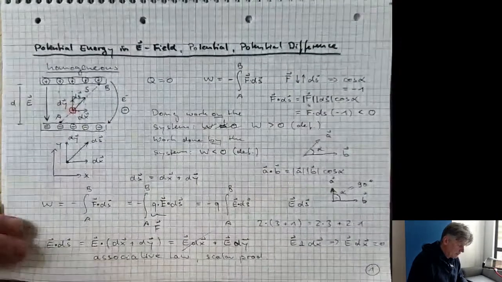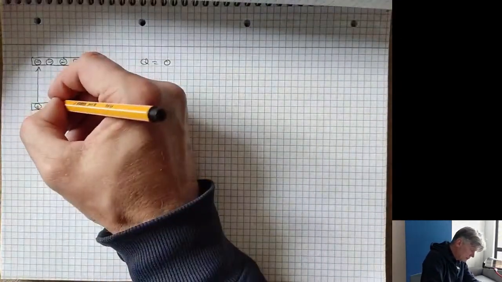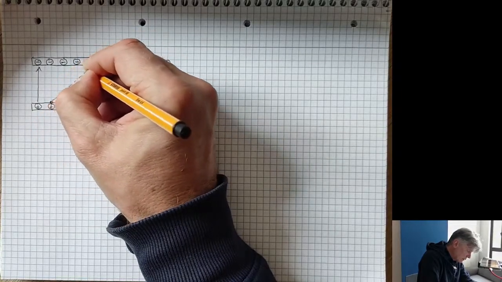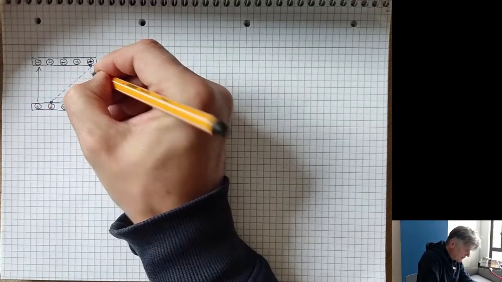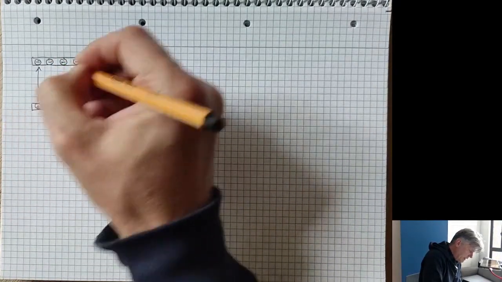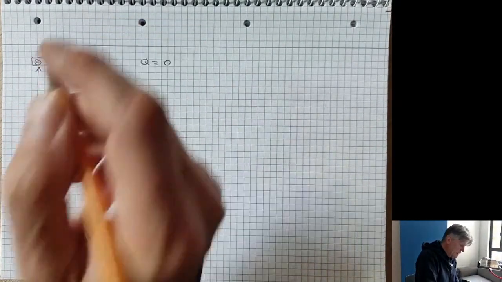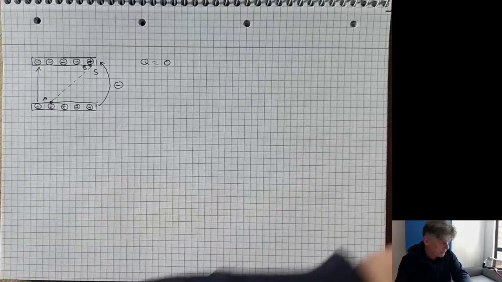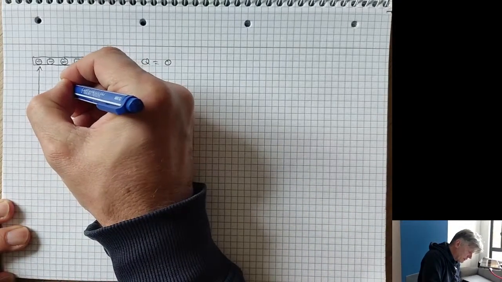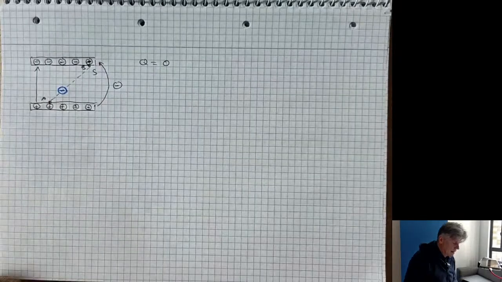So we still have the same point A where we start and the same point B where we end. We still have the same path S, right? This is point A and point B. And this time we don't have a red particle, this time we have a blue particle. So now this is negative, right?